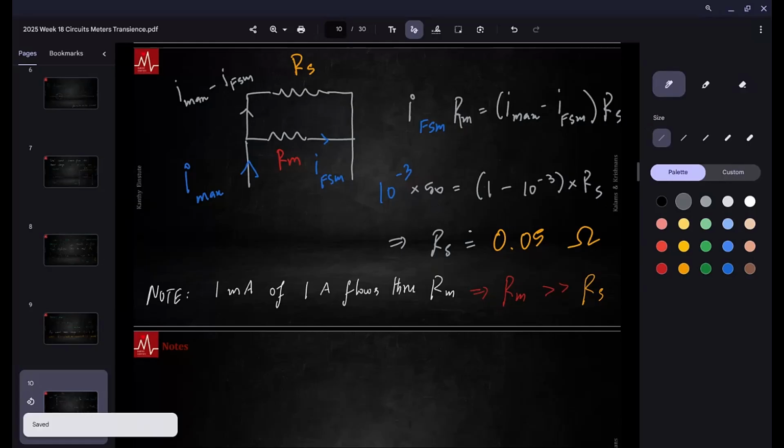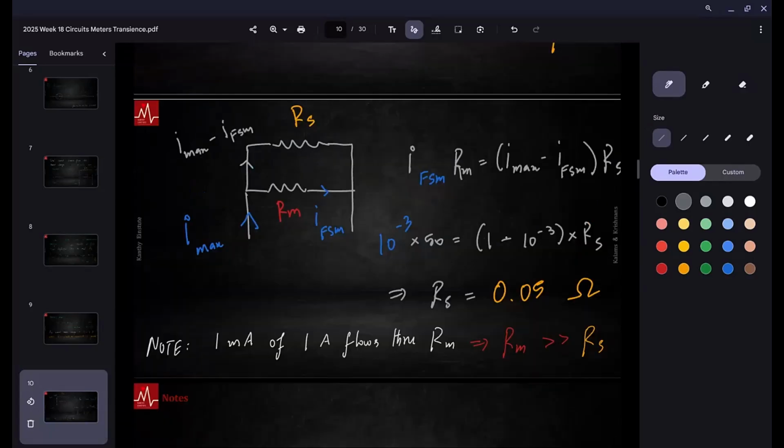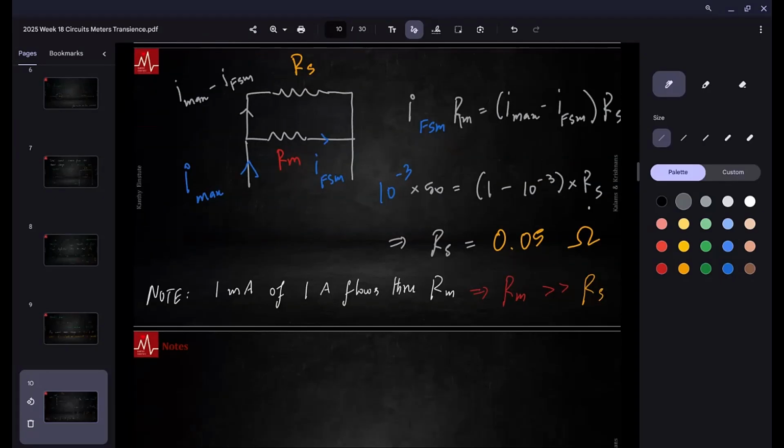Current division should technically give the same result. If you rewrite this, you get current division. Let me also show how you get current division to start with.